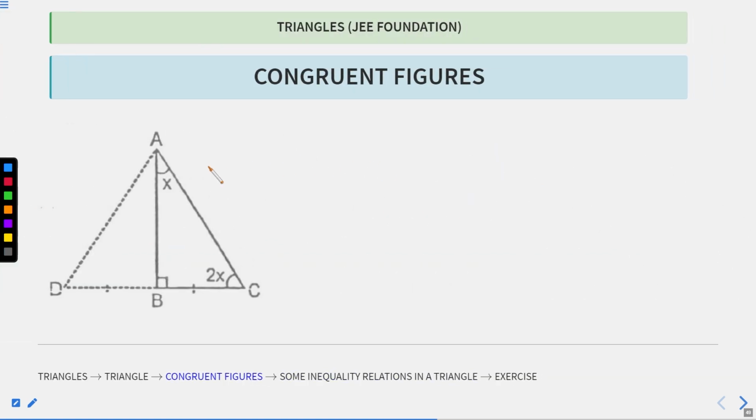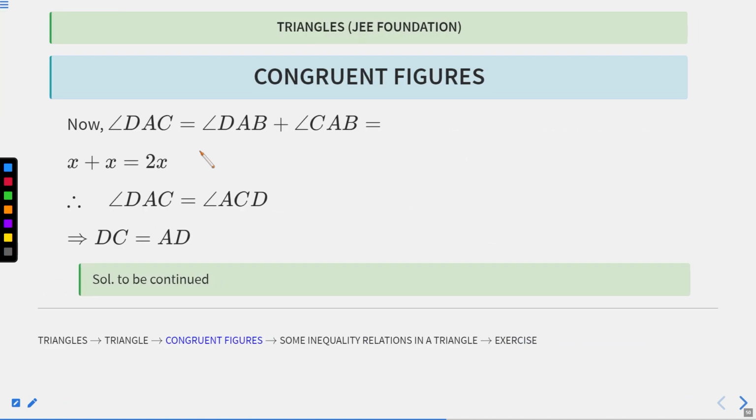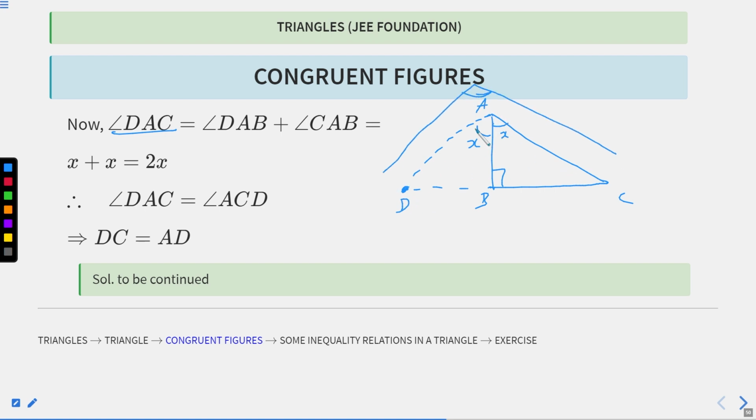Now this is my diagram. If you recall the diagram, we know this is 90 degrees, this is ABC, and BC was produced to D, and this is X, this is also X. Now the angle DAC, this whole angle, is X plus X, which is 2X.